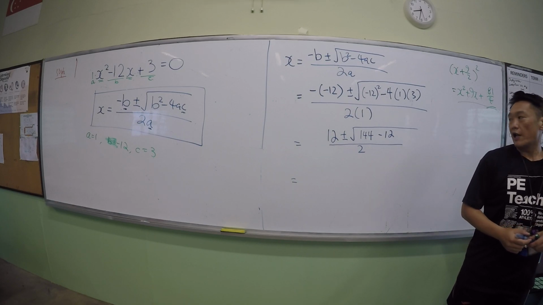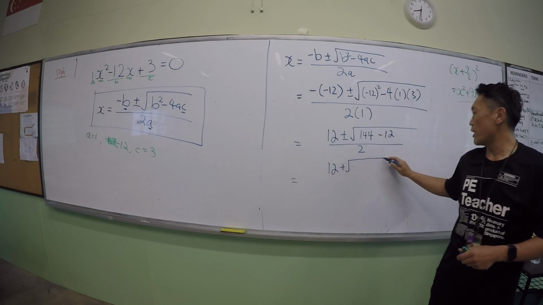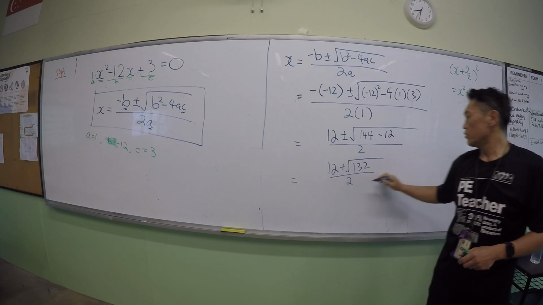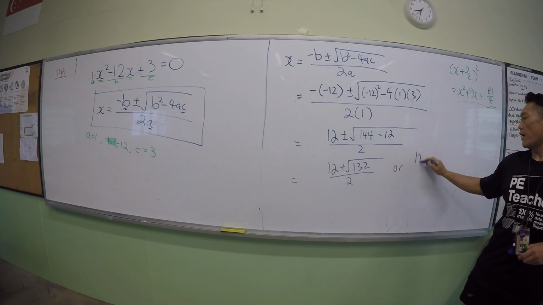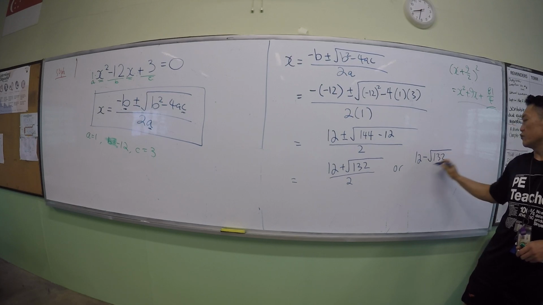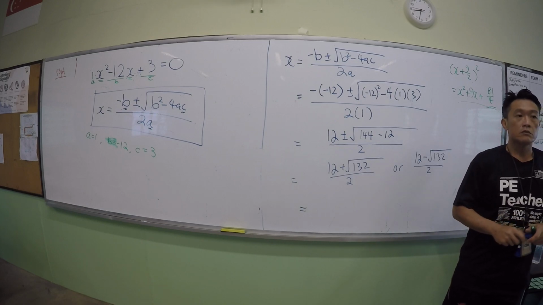Okay? So what I press into the calculator will be 12 plus square root of 132 divided by 2 and 12 minus square root of 132 over 2. Okay?